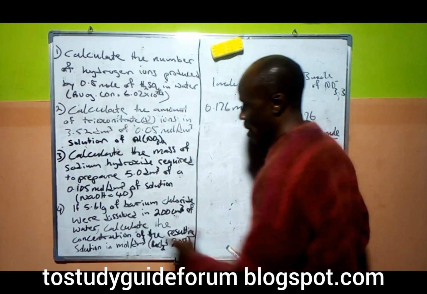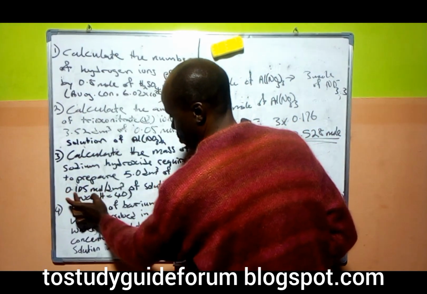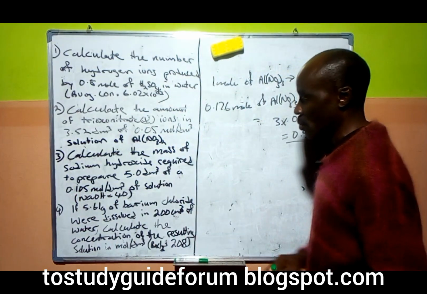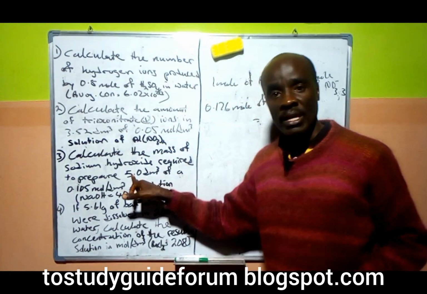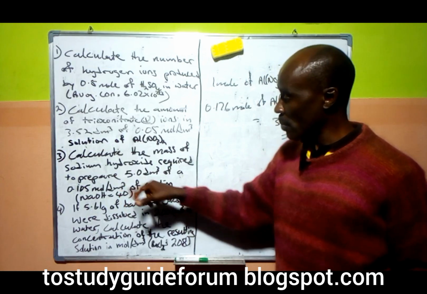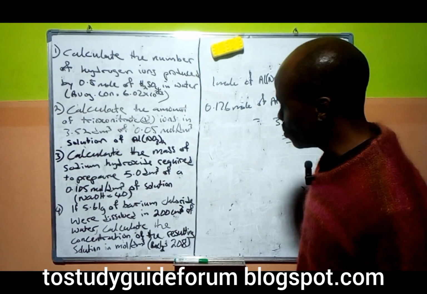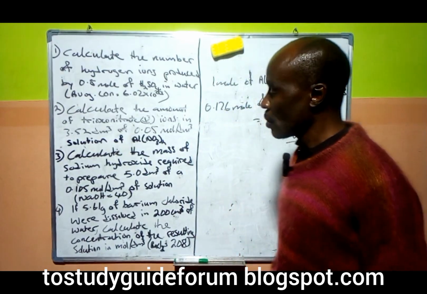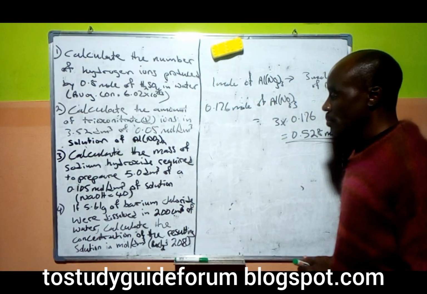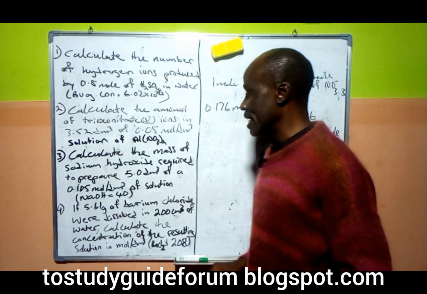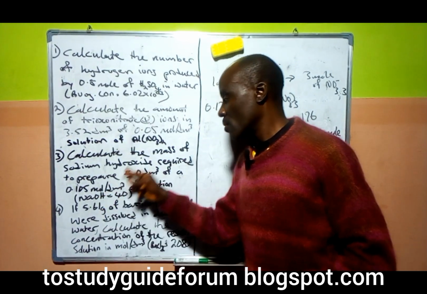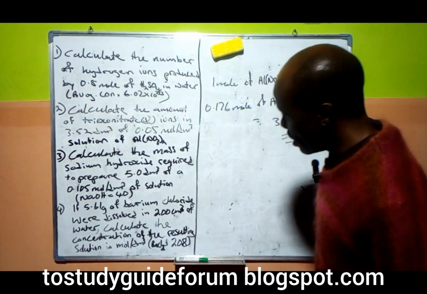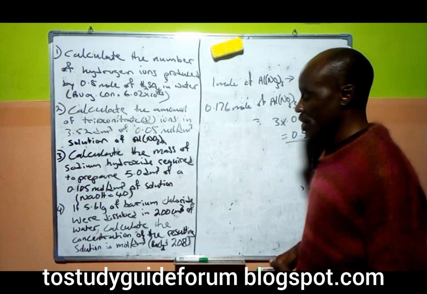Now, note very well, we have this in 1 dm cube. This is what we have, 0.105 mole in 1 dm cube. But we want to know the mass that we require. So to do this, we are given the relative molecular mass of sodium hydroxide. The first thing we do is to find the moles, or amount, that will be in 5 dm cube.